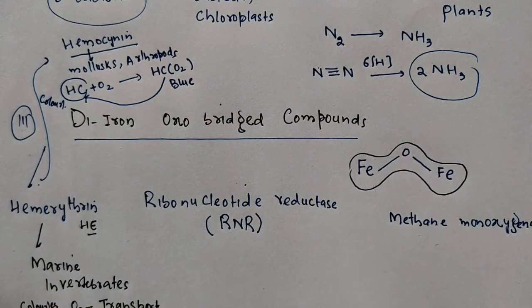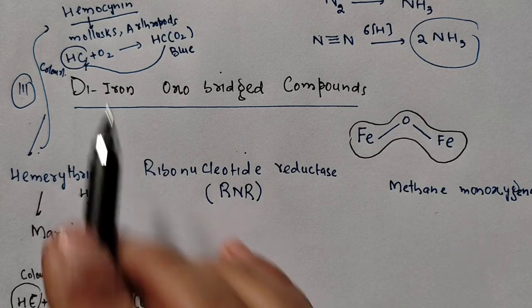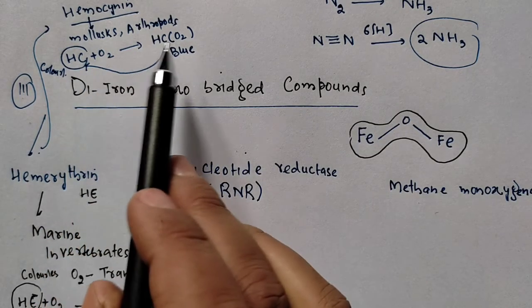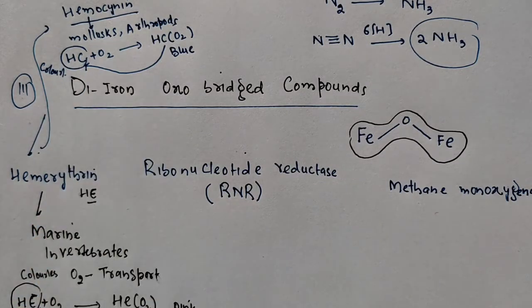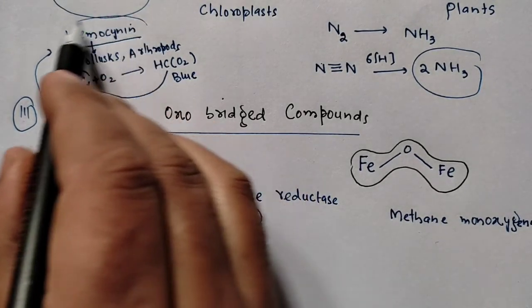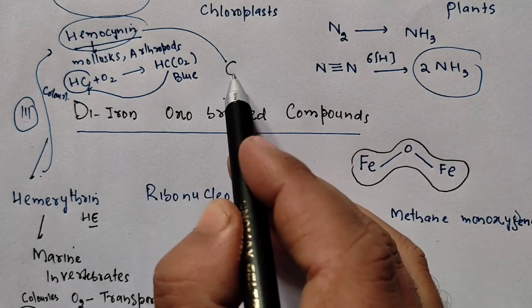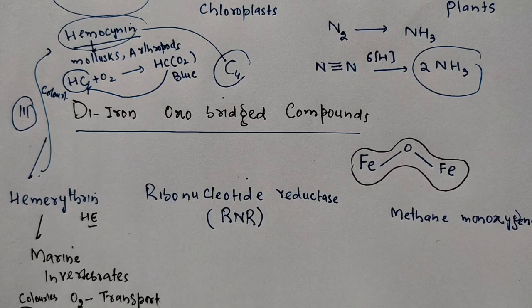So it is like hemerythrin: hemerythrin alone is colorless, but in the presence of oxygen it is pink. Hemocyanin in the presence of oxygen is blue, but when it is alone, it's colorless. But remember, this is present in mollusks and arthropods, and it doesn't contain iron. The pigment contains the element copper. I separated this here even though it doesn't belong to the iron category of proteins, because I'm not going to deal with it separately. So hemocyanin contains copper.